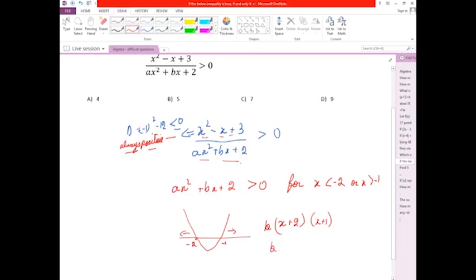When you do this, you get the expression x square plus 3x plus 2, and ax square plus bx plus 2 is the function we are trying to match. Since 2 is the same as here, we know that k is equal to 1. Otherwise, if this had been 4, we knew k is equal to 2. And so a is equal to 1 and b is equal to 3.